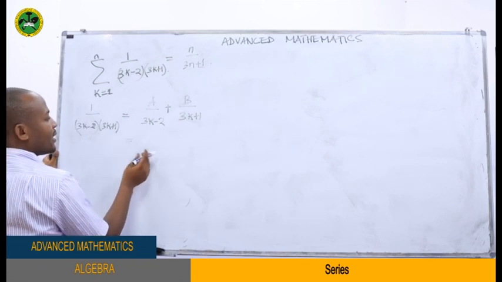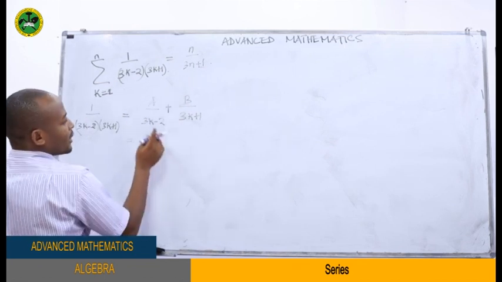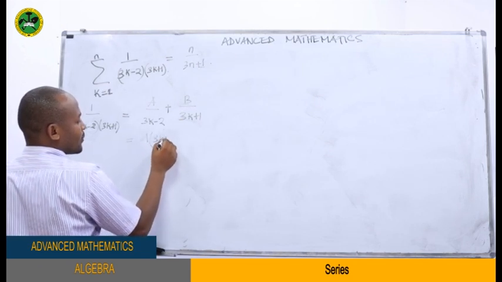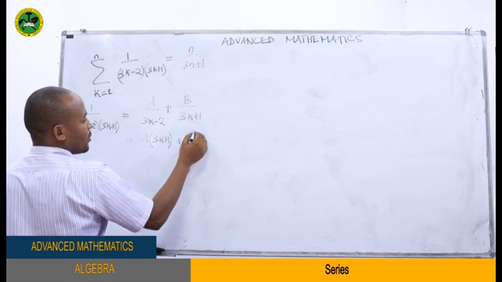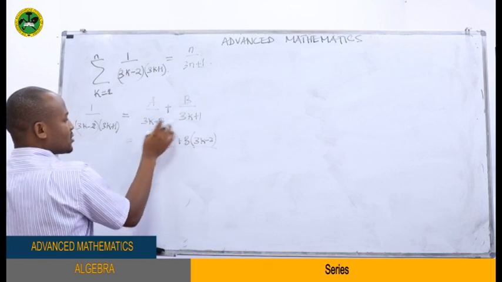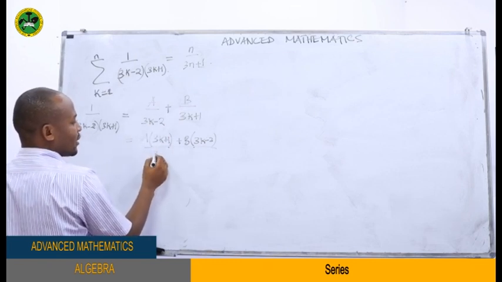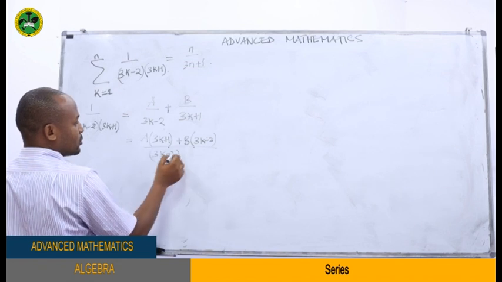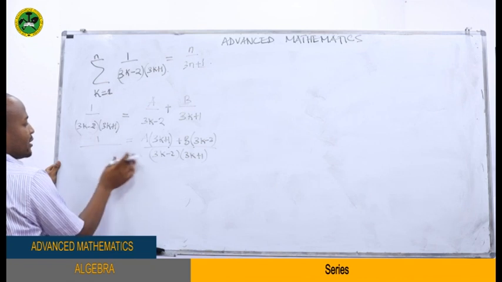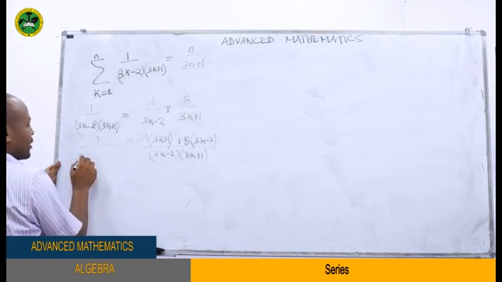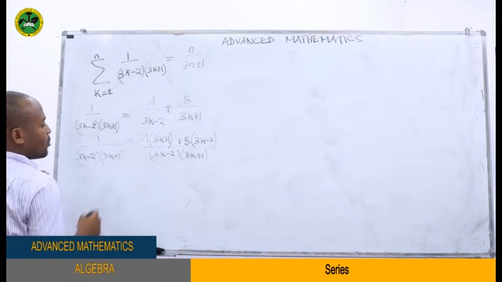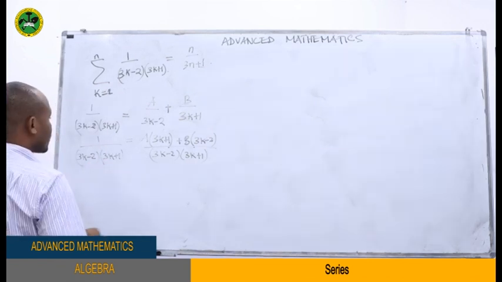So let's find the values of A and B. Then we are going to have A(3k plus 1) plus B(3k minus 2), all of this over (3k minus 2)(3k plus 1), and it is equated to 1 over (3k minus 2)(3k plus 1).